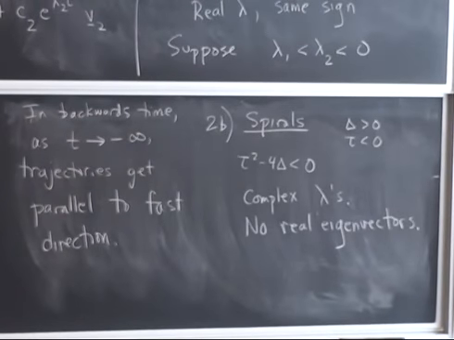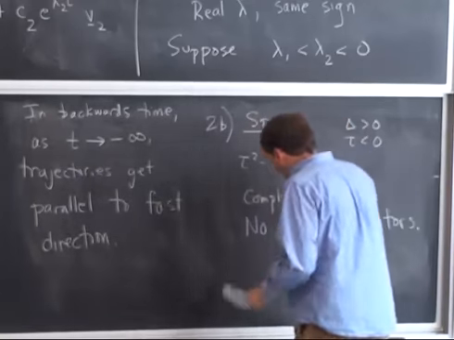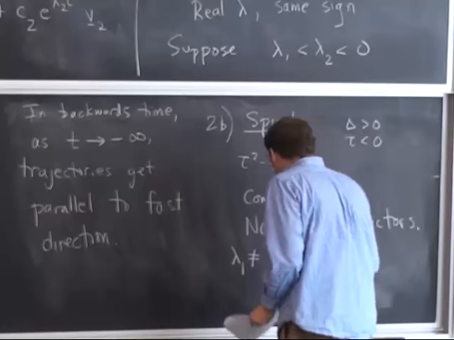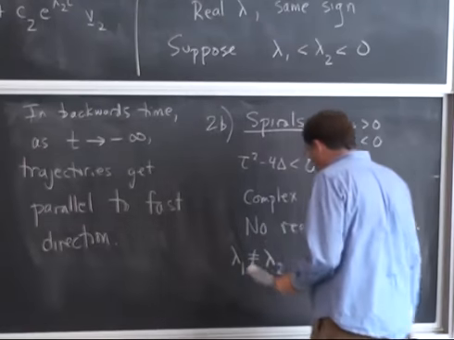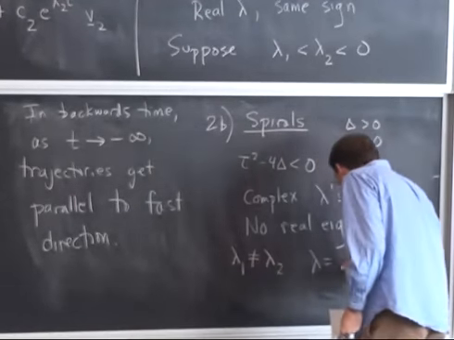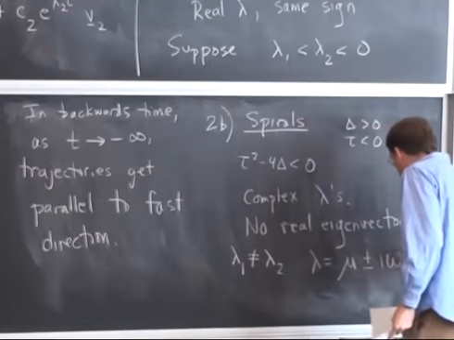It's only the real eigenvectors that will show up. The eigenvalues are certainly distinct, being complex conjugates. Lambda 1 is not equal to lambda 2. Let's call them, say, mu plus or minus i omega.